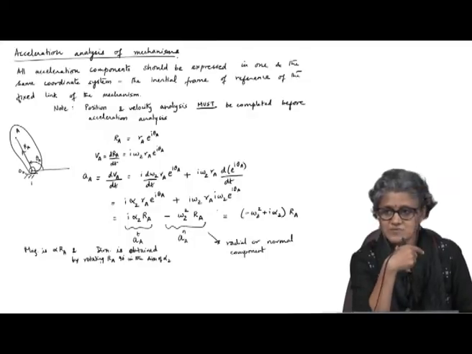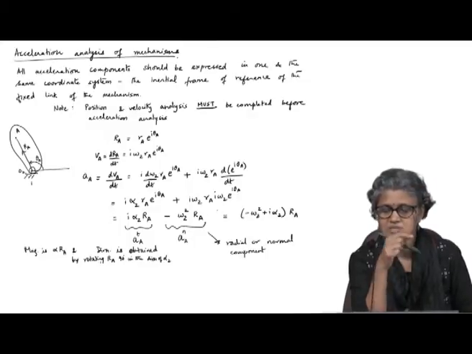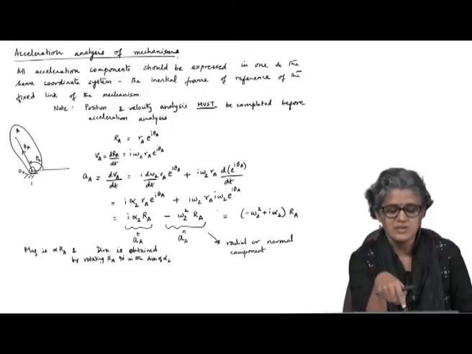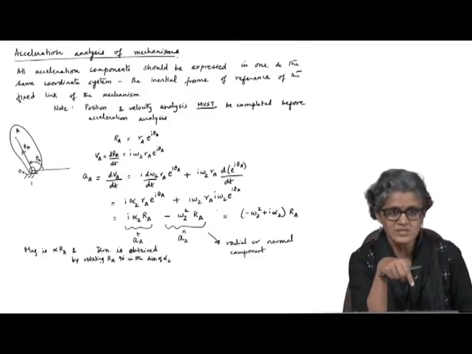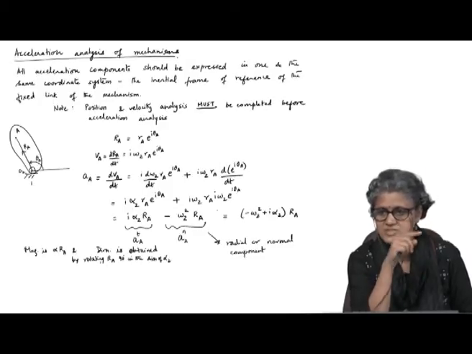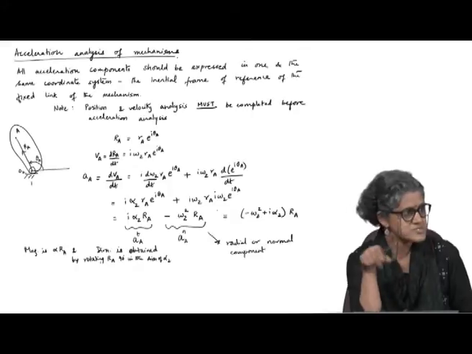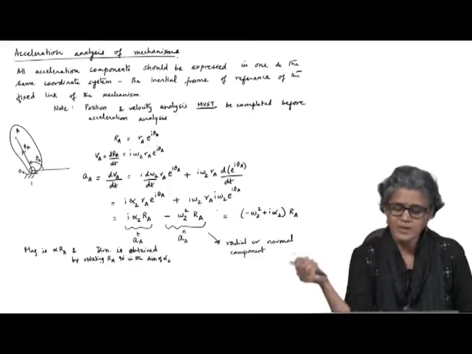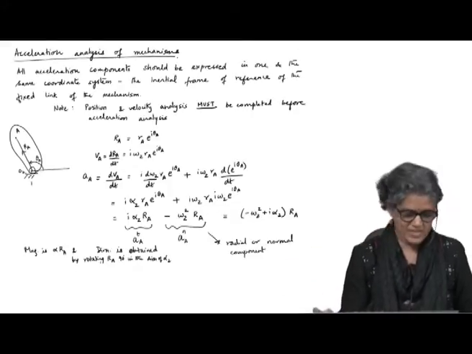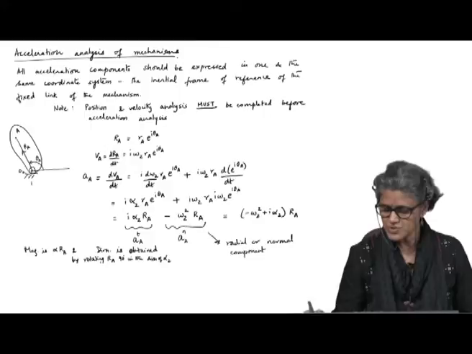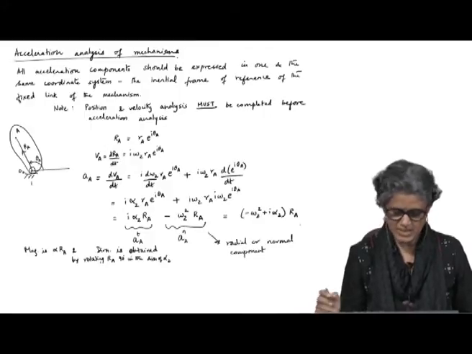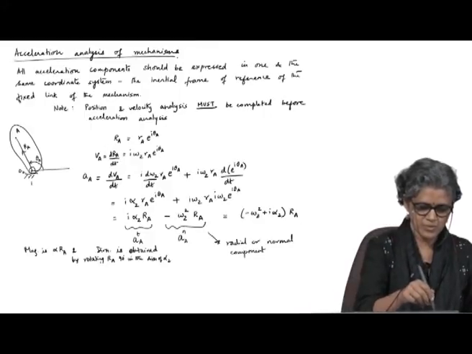That is why even if something is rotating at a constant angular speed, you still have an acceleration, because the direction of the velocity vector keeps changing. That component is the radial or normal component, also called the centripetal component. This is due to the change in the direction of the linear velocity of that point.